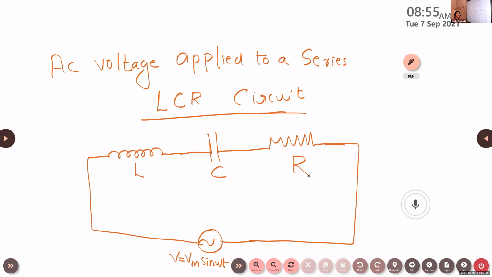Then connect an alternating source of EMF V = Vm sin ωt to the circuit, that is, to the series combination.